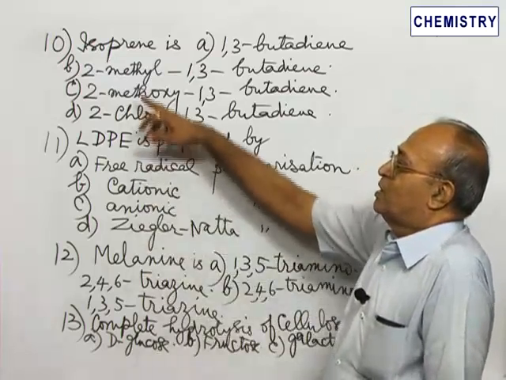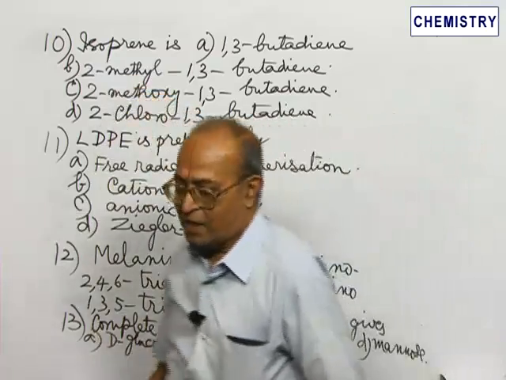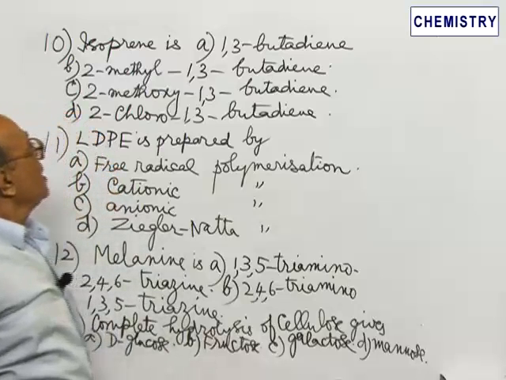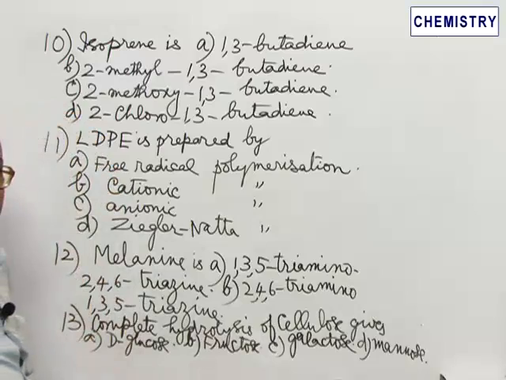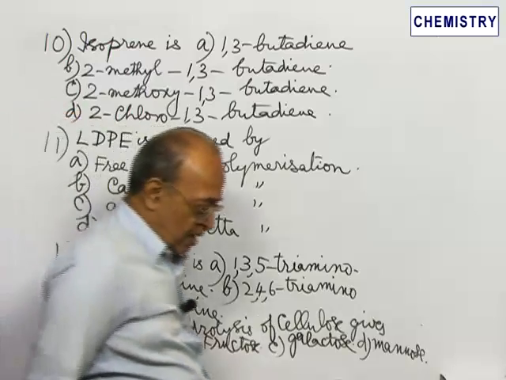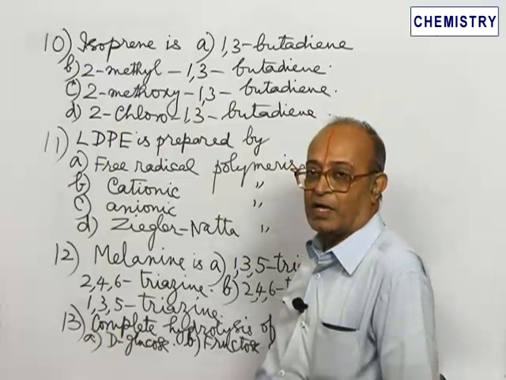So, the correct option for question number 10 is B, namely 2-methyl 1,3-butadiene is the correct answer for question number 10.